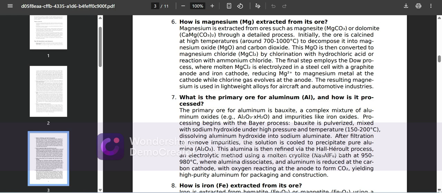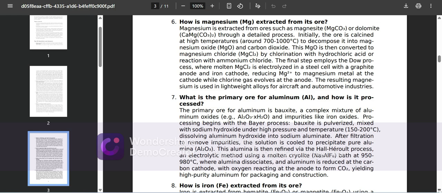This magnesium oxide is then converted to magnesium chloride, MgCl2, by chlorination with hydrochloric acid or reaction with ammonium chloride. The final step employs the Dow process, where molten magnesium chloride is electrolyzed in a steel cell with a graphite anode and iron cathode.